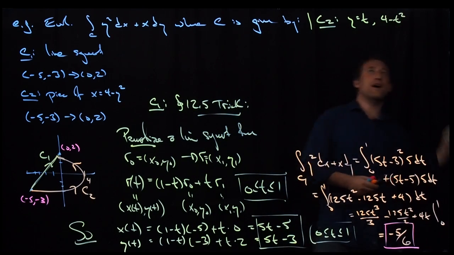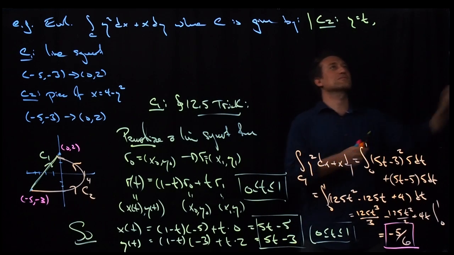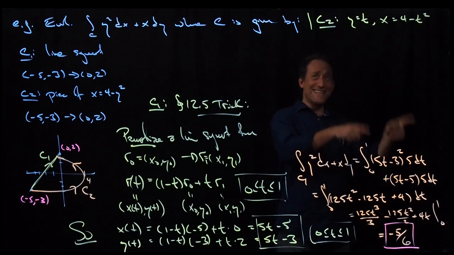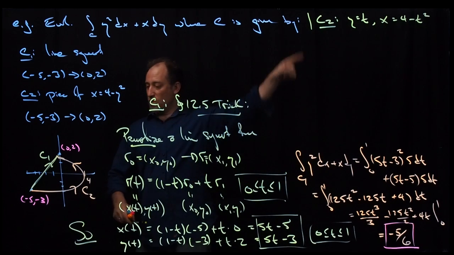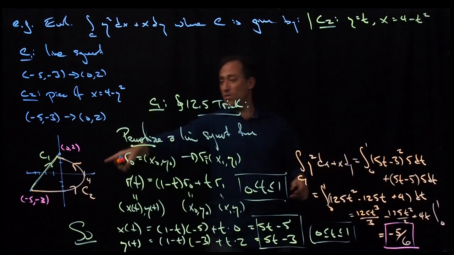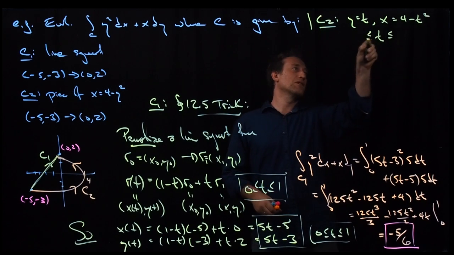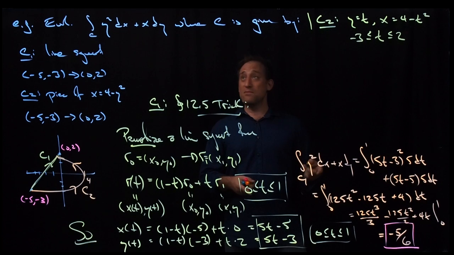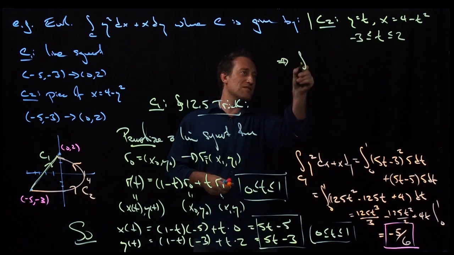Here the bounds aren't 0 to 1. Instead, here the bounds are going to be, t will be between, well, when y is down here at minus 3, and up here when y is equal to 2. So I've got bounds minus 3 to 2.